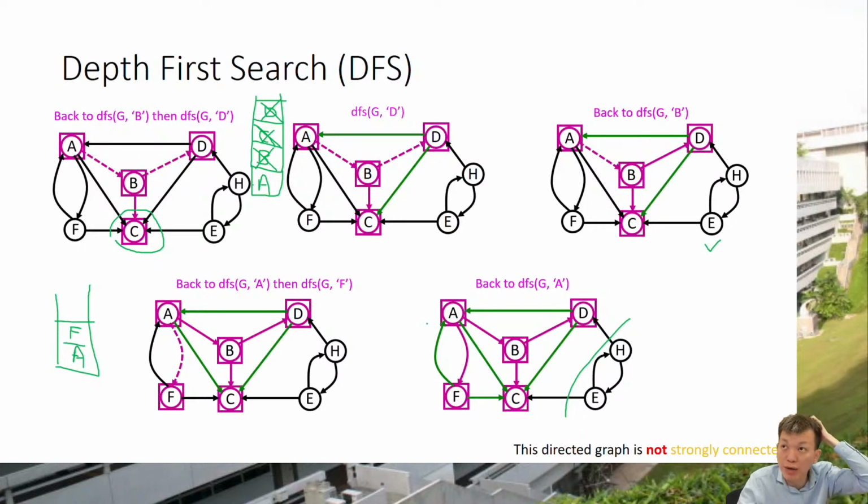But I think you need to try out all the nodes, because the result depends on the start node. If you want to conclude whether the graph is strongly connected or not, as long as I can find one starting node where, after I apply the depth first search, any node is unvisited, it implies that this directed graph is not strongly connected.